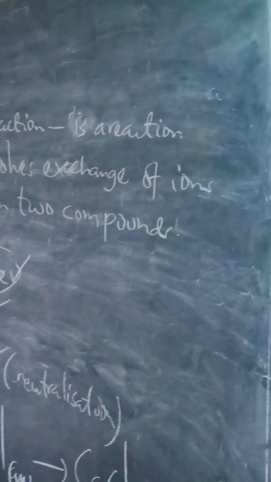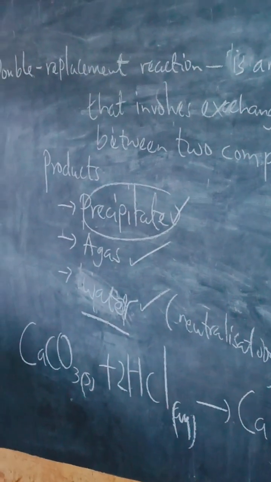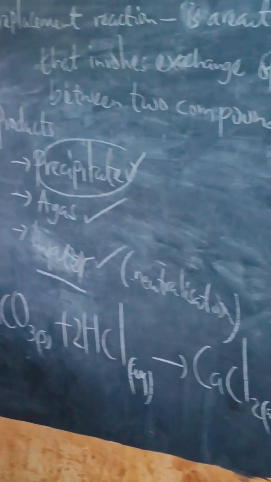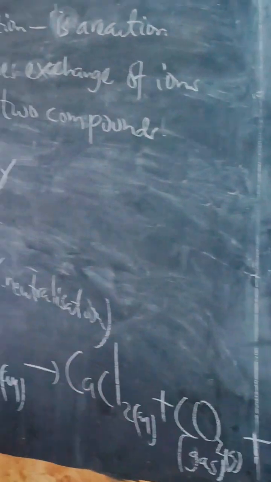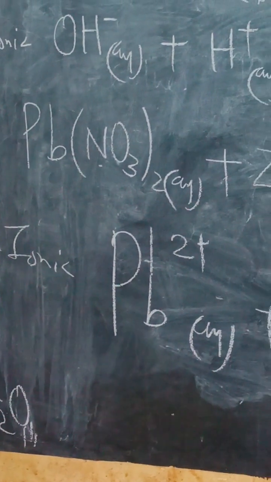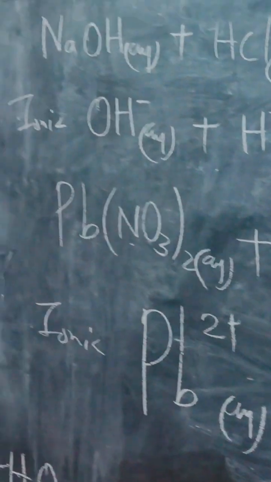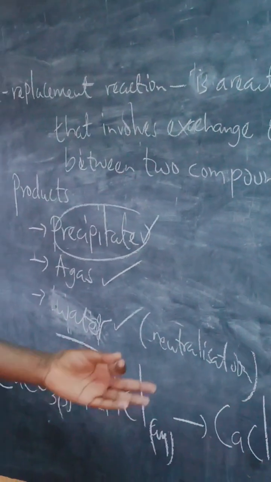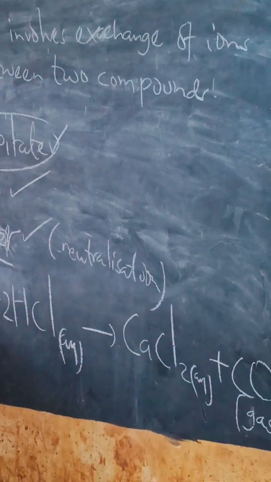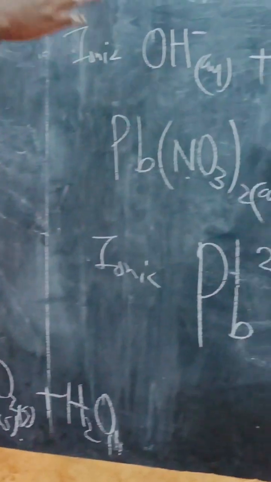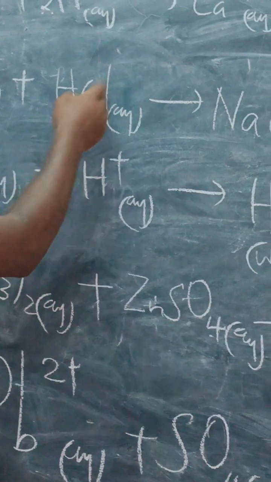You can see that. So in these reactions of double replacement, we have formation of a precipitate. Here is the precipitate. For example, two aqueous solutions that mix to form a precipitate. There is formation of a gas, carbonate and an acid form salt, carbon dioxide and water, that is a gas. And there is formation of water when an acid and a base react to form salt and water.